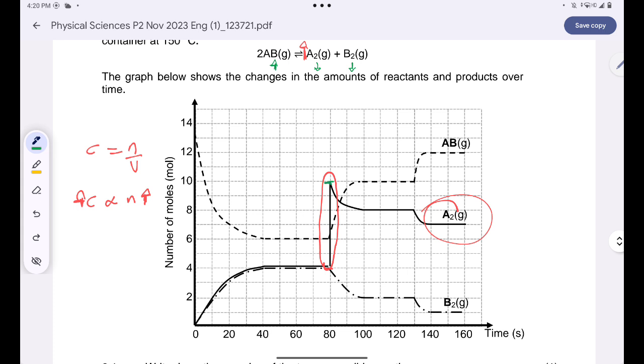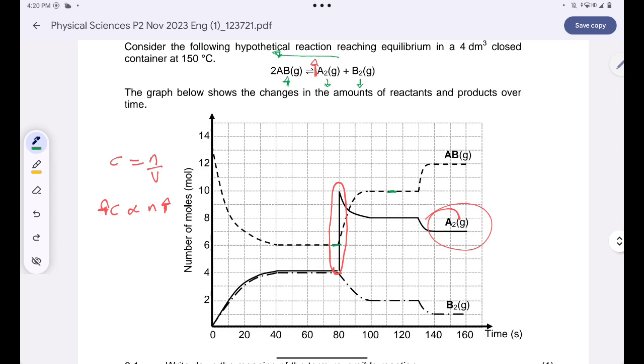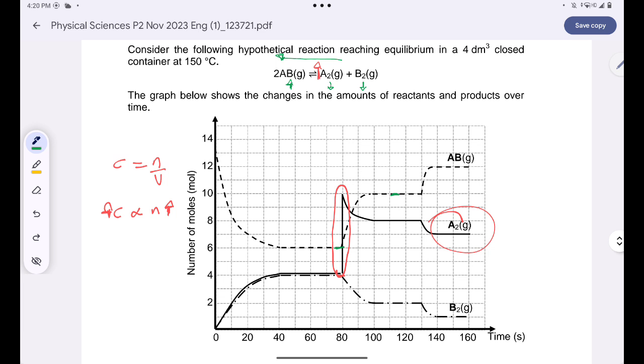It's from 10 moles to 8 moles. That means it has decreased the number of moles. Same thing happens to B2, which moved from 4 moles to 2 moles. However, the reactants have increased. They moved from 6 moles to 10 moles. So the change that happened, an increase in the concentration of A2, will force the system to favor the reverse reaction.